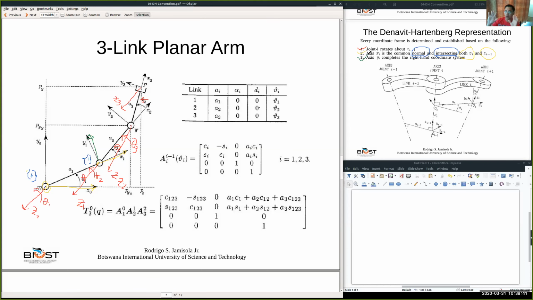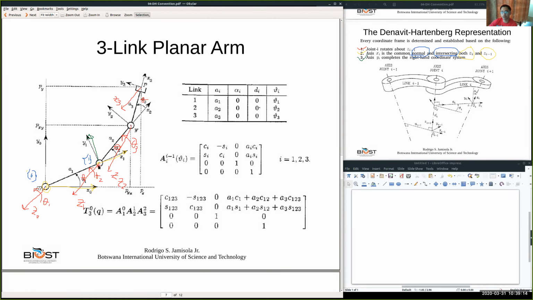So X0 can be arbitrary, and then Y0 follows the right hand rule to complete frame 0. Now for frame 1, this is how we are going to satisfy the requirements. By satisfying all these 3 requirements, we already identified the point of origin for frame 1, and in this case here, the point of origin for frame 1 is this. Okay, and so we are done.